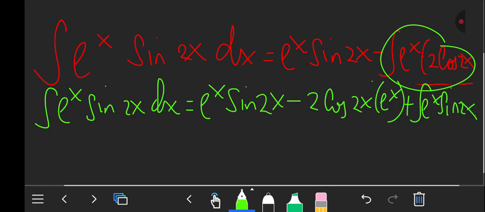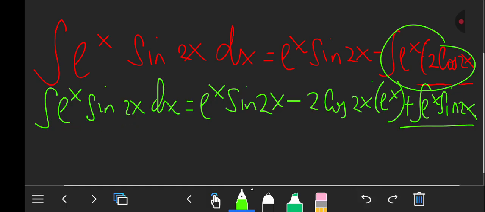So we can see that something is similar here. We have e to the power x sine 2x, and this is what we have here, e to the power x sine 2x. So we can take this to the other side.